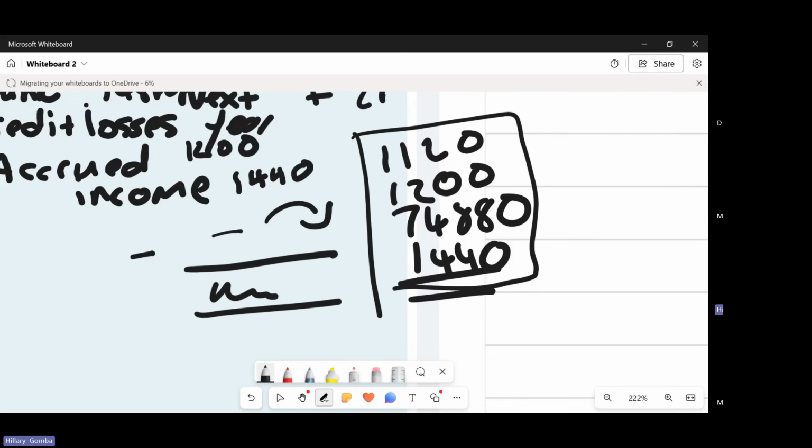Add these 4 amounts. 7,860. Yeah. Is it the one which is on this side? Yes.